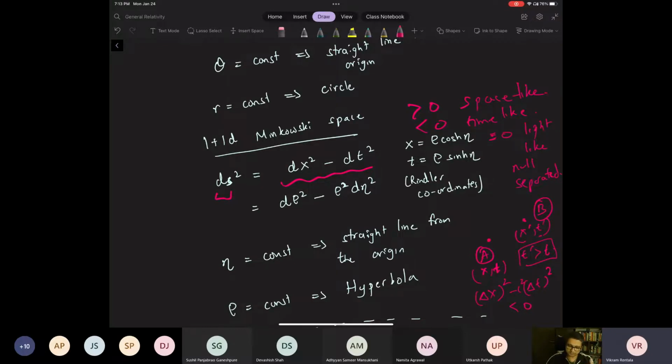But if events are space-like separated, if this is positive, then it's not necessarily true that these events preserve their time ordering. But that's okay because no signal can propagate from A to B if A and B are space-like separated, because then it would have to travel faster than the speed of light.